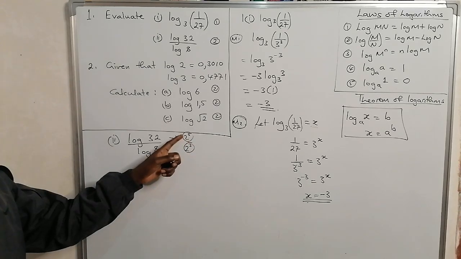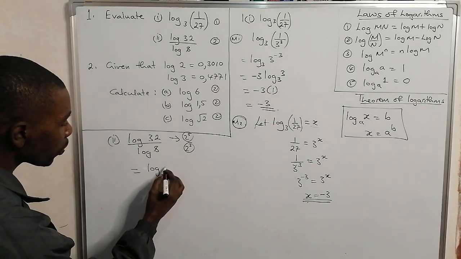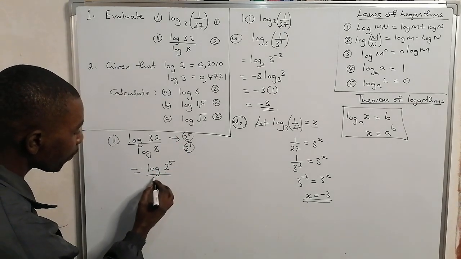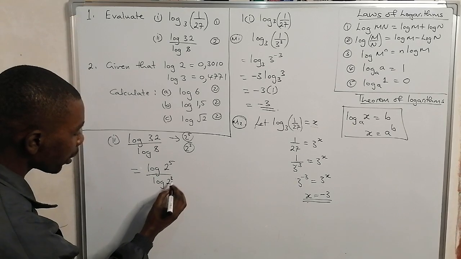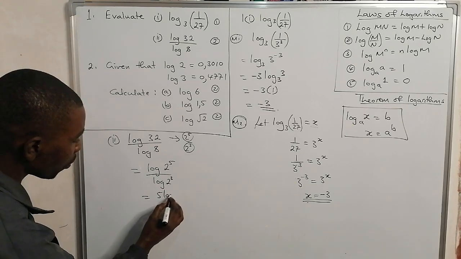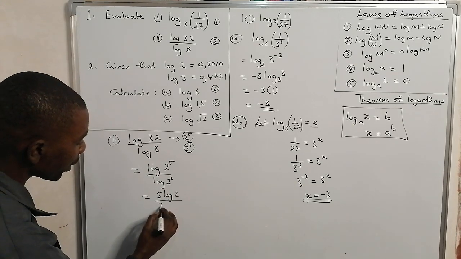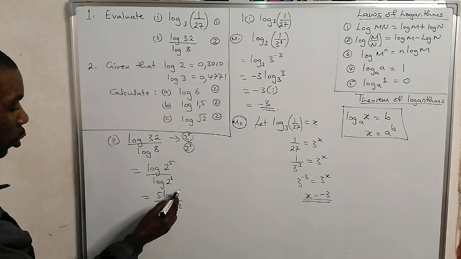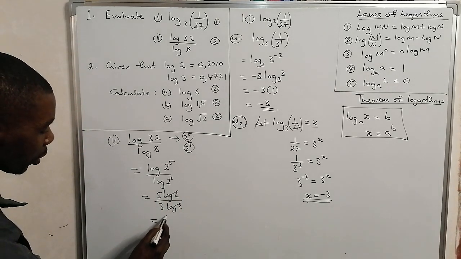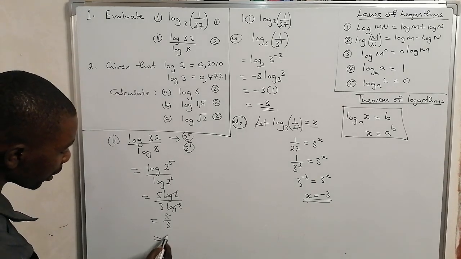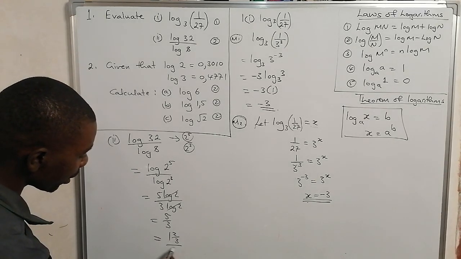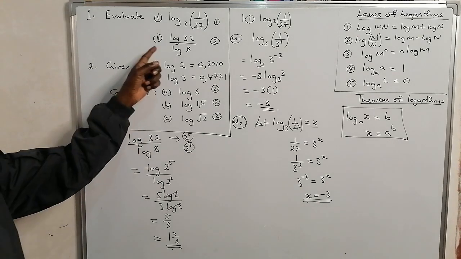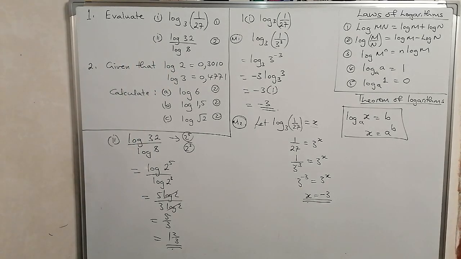So you can see the same base here. So it will be log 2 to the power 5 over log 2 to the power 3, which is equal to 5 log 2 divided by 3 log 2. Now we can divide log 2 and log 2. Then we have 5 over 3, which is the same as 1 and 2 over 3. That's how you evaluate this one.